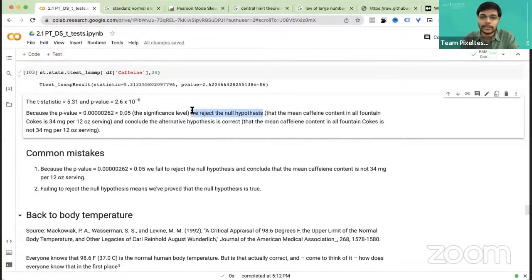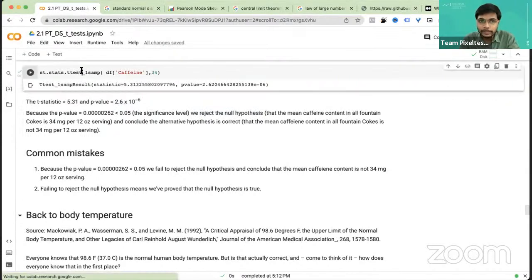So Vinita ma'am, by our own understanding, because 37 is way out of our mean, we might think in our mind that we would reject it. Because this is a smaller data set, we could reject it by ourselves. But you can see that the p-value we got from this function is far less than 0.05, right?